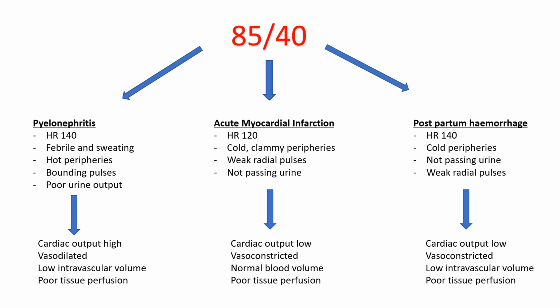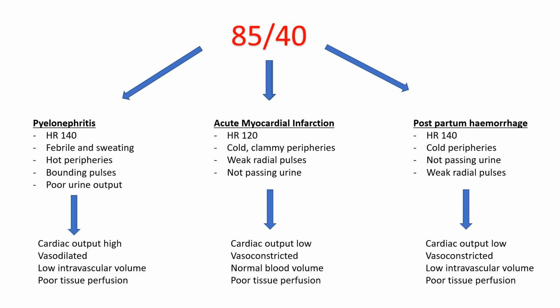Her blood volume is normal because she is unlikely in this acute event to have become dehydrated, and she hasn't been bleeding, so she has a normal blood volume. She too has poor tissue perfusion because she is not passing urine. So a low cardiac output state with vasoconstriction has resulted in poor tissue perfusion.